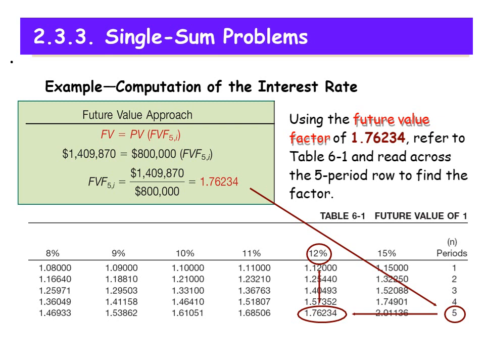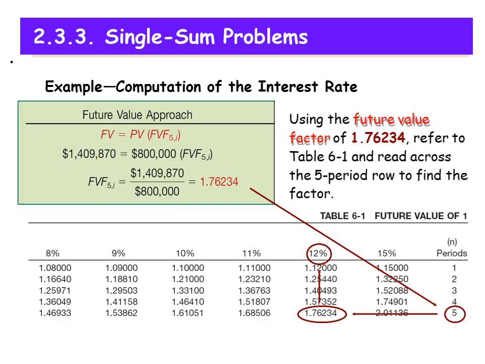What we do not have is I. So the future value is 1,409,870, equal to the present value, $800,000, times 1 plus I to the power of n.